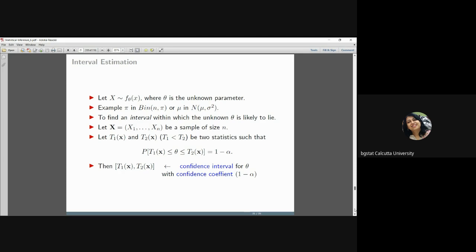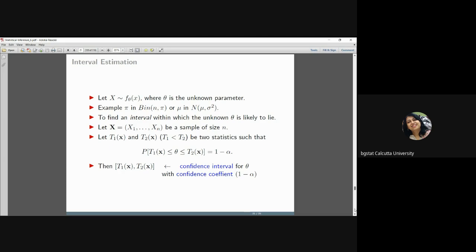I mentioned least squares. I mentioned minimum variance unbiased estimators. I mentioned the maximum likelihood estimator. In each case, we get an estimate of theta with some good properties. But the point is that we get one single estimate of theta.